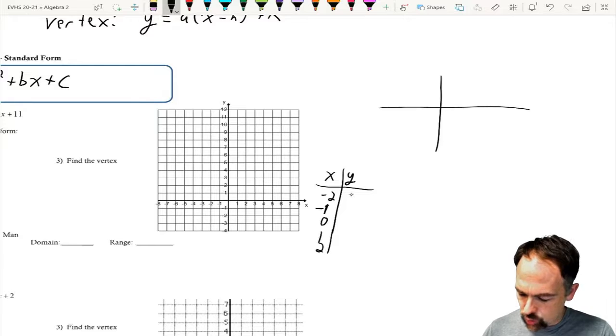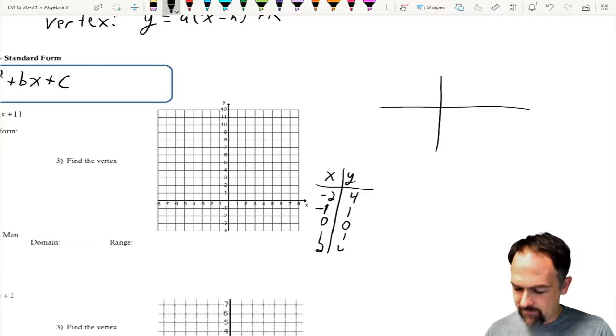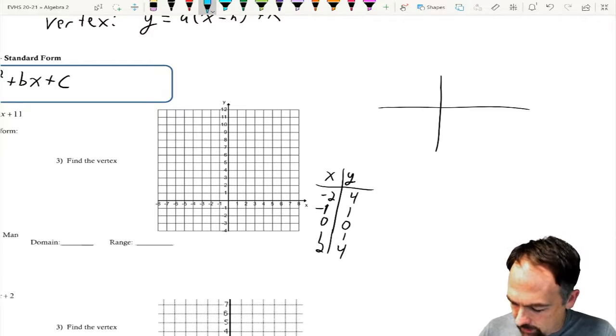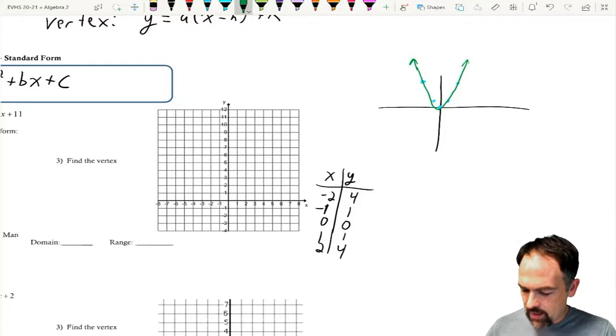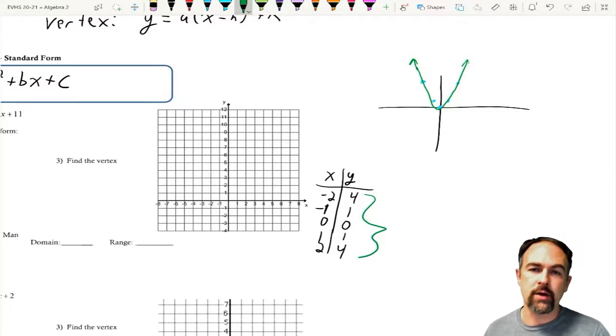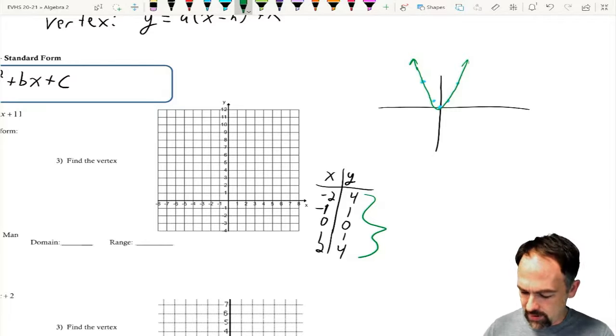Then -2 squared is 4, -1 squared is 1, 0 squared is 0, 1 squared is 1, and 2 squared is 4. So the basic graph, we had (0, 0), (1, 1), (-1, 1), (2, 4), (-2, 4). And so our parent function looked like this. These particular values, the ones over here in the y column, are going to be very important when we start graphing these in a minute.